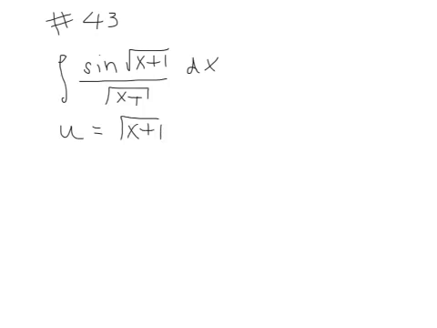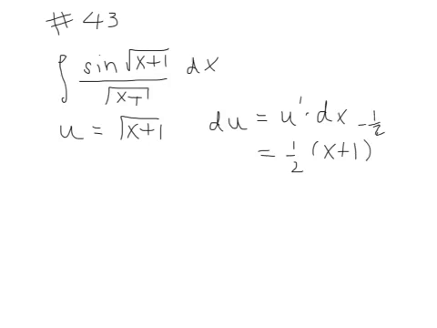Now go ahead and find du, which is u prime times dx, and for your u prime you will need the chain rule. It should be 1/2 times (x plus 1) raised to the negative 1/2, because square root of x plus 1 is (x plus 1) raised to the 1/2.